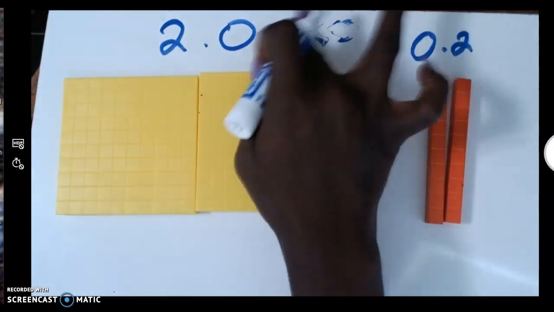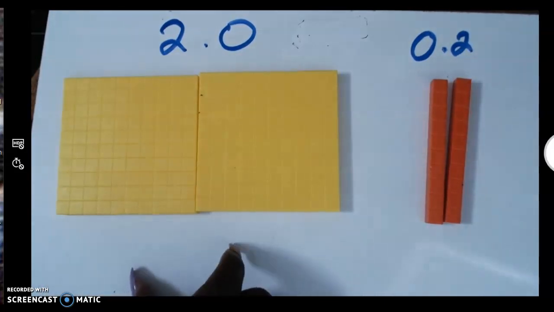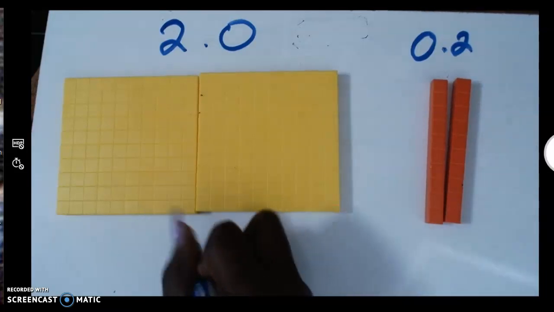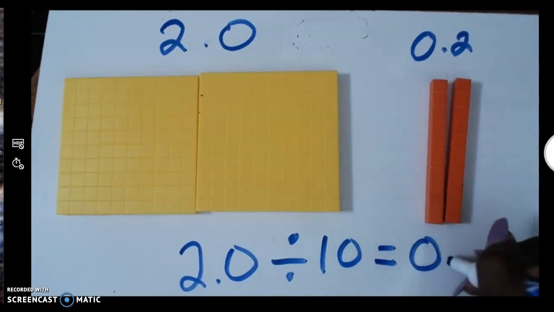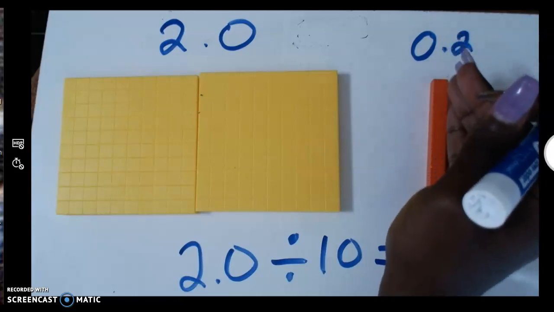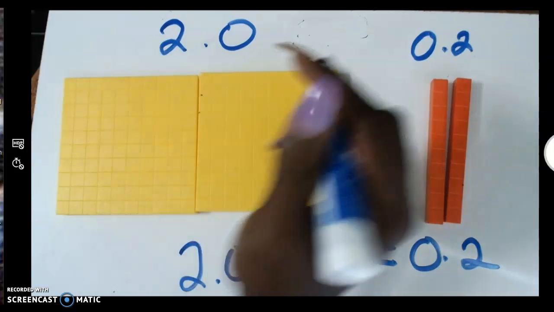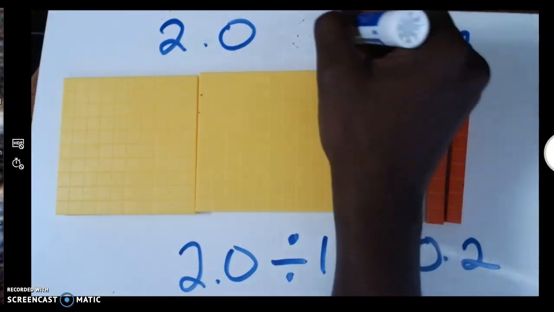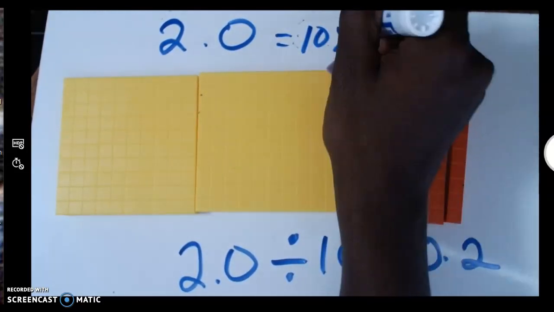So the way we will write this expression is that in order to move from a greater place value, or from left to right, we're going to decrease in value by 10, which equals our 0.2. Whenever we want to move from a least great place value and gain value, we're going to multiply times 10, which equals 2.0.